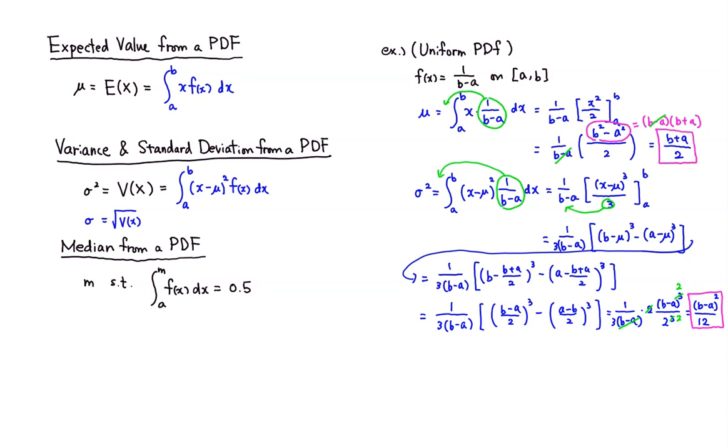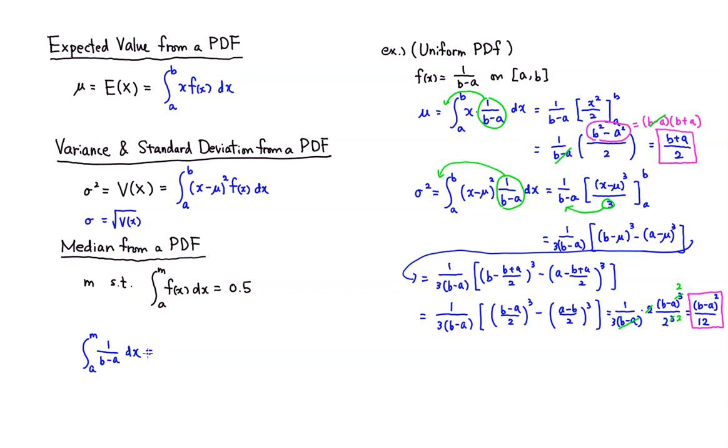Right. How about the median? So let's try to find that. Maybe I'm going to go over here since there's room. We don't know what m is, but we're going from a to m, and then the density is 1 over b minus a with respect to x. Then we just have to set that equal to 0.5.